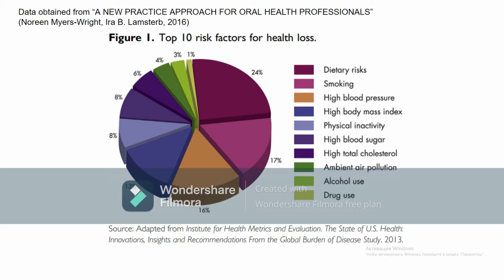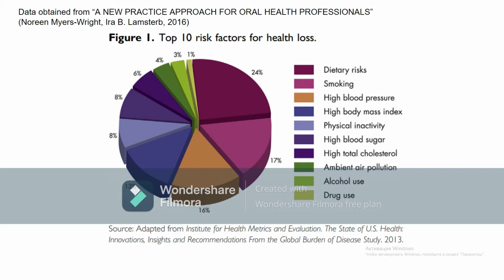So here on the slide we see on the right column the list of the more widespread risk factors like dietary risks, smoking, blood pressure, physical inactivity, which is very relevant for our subject, blood sugar, air pollution, and other health-related issues.